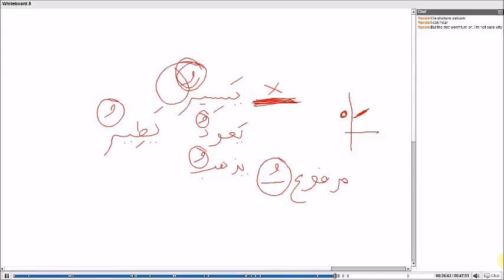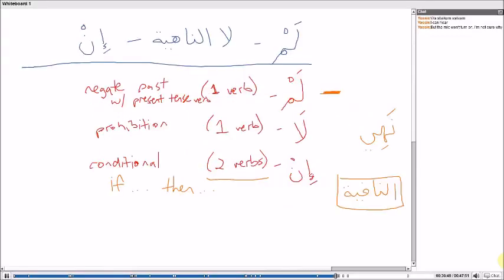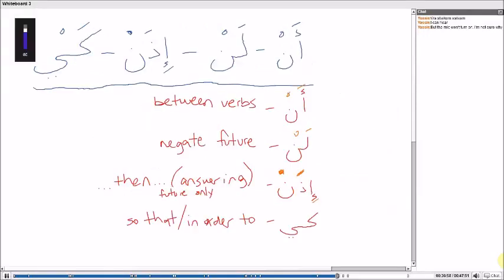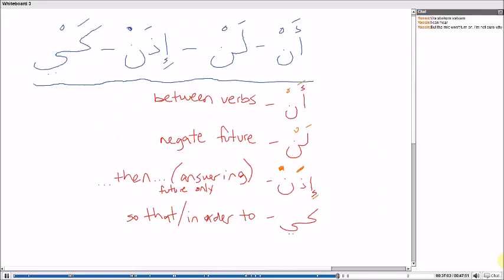Which ones make it majzoom again? Lam, la, and in.